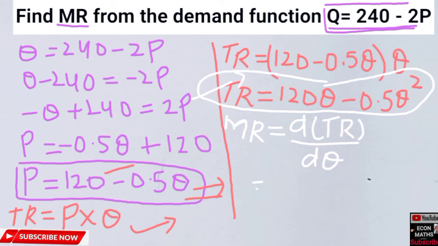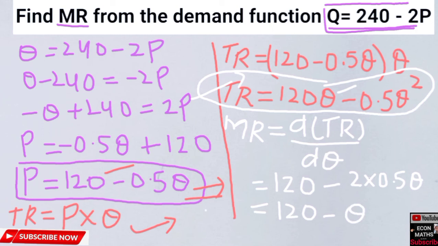So this will be equal to, now the derivative of Q is 1, so 120 into Q gives 120, minus, now here this 2 will become the coefficient, because the derivative of Q square is twice Q. Now 2 into 0.5 Q is equal to 1 into Q, that is equal to Q. So our marginal revenue function is 120 minus Q.